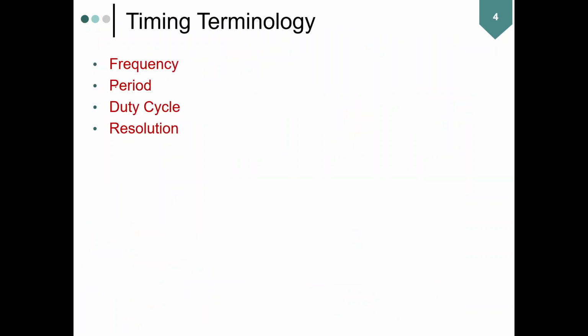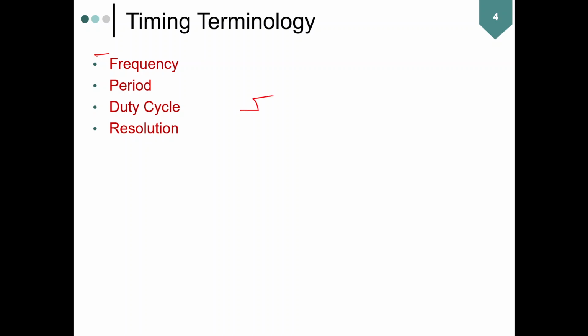So timing terminology: frequency, obviously the input clock frequency that is being given to the timer; period, the time period; and duty cycle. As we have said, the timers or counters can also be used to generate a specific kind of pulse width modulated signal.